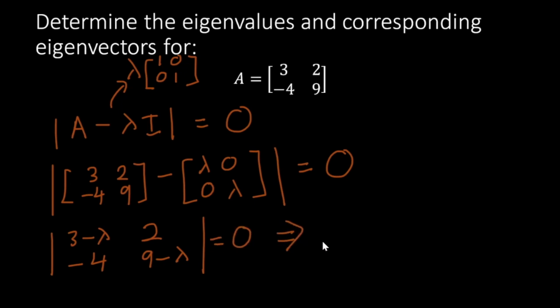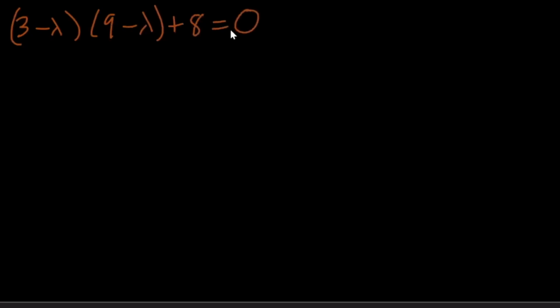And so we have 3 minus lambda multiplied by 9 minus lambda, minus negative 8, equals 0. So we need to solve for lambda. I will rewrite the equation again. We had 3 minus lambda multiplied by 9 minus lambda plus 8 equals 0.